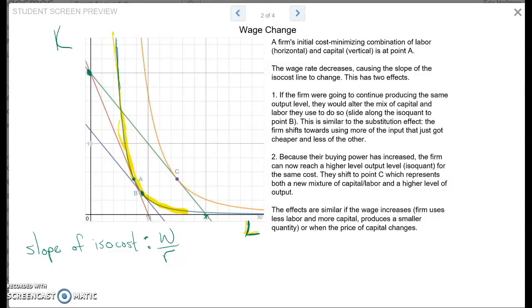However, because wages went down, our budget can go further. So even spending the same amount of money as before, we can produce more.